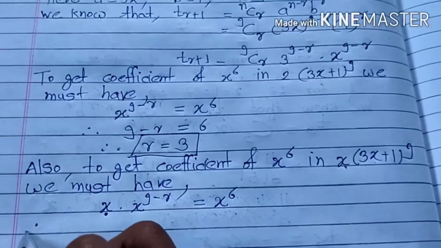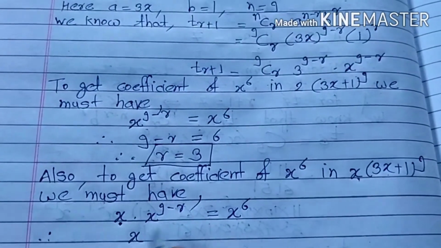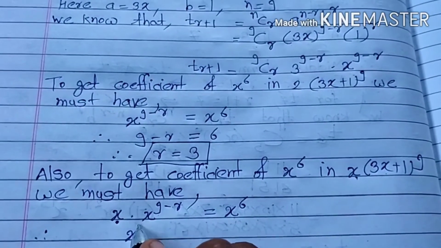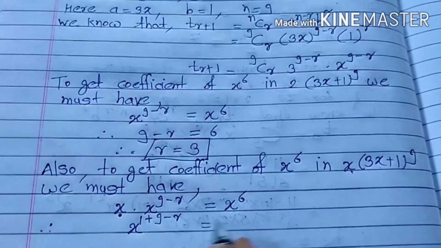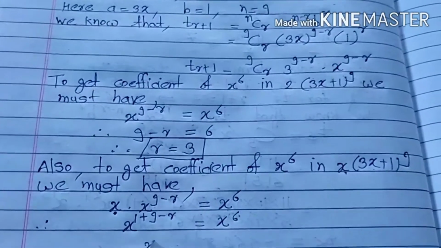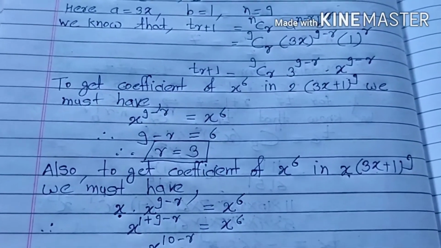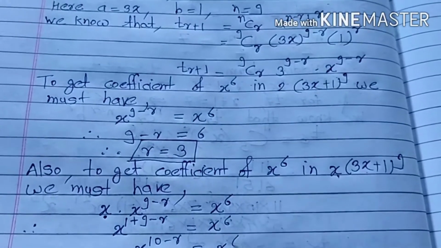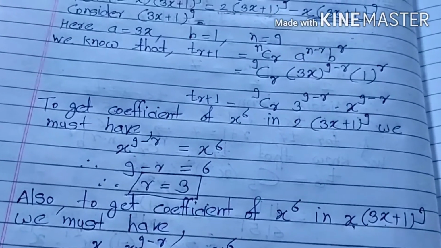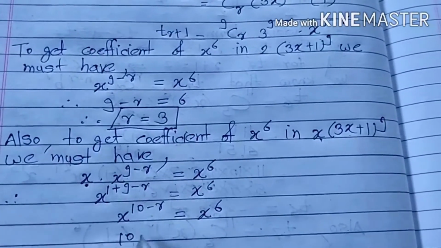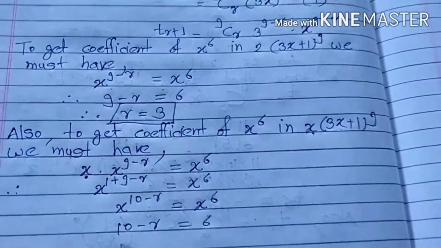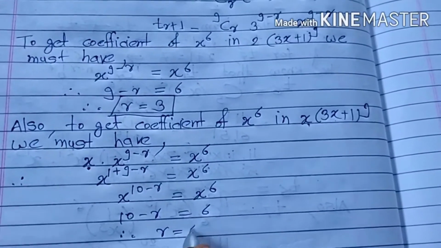So x raised to 9 minus r, here laws of indices are used. So it is x raised to 10 minus r, which is equal to x raised to 6, and the value of r: 10 minus r is equal to 6. So therefore r is equal to 4.